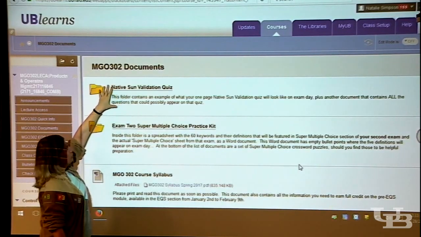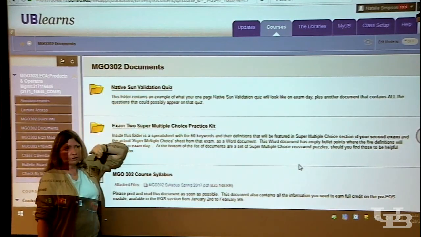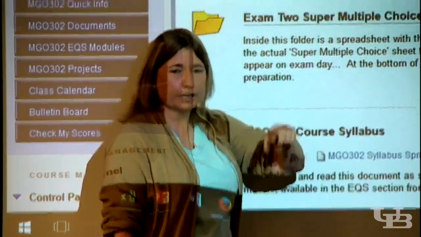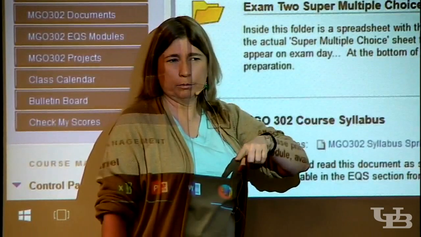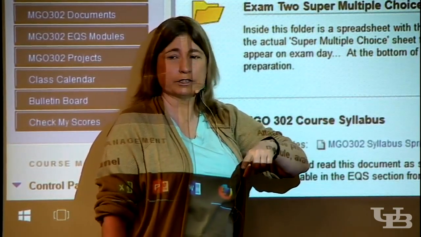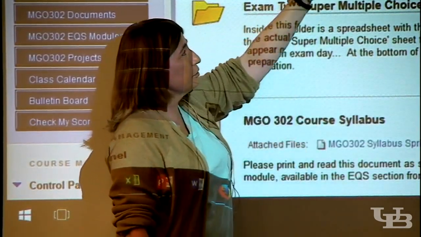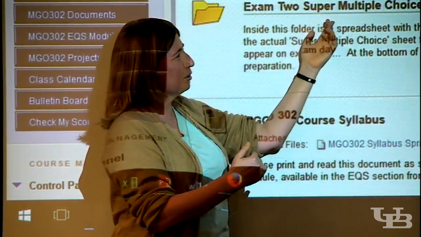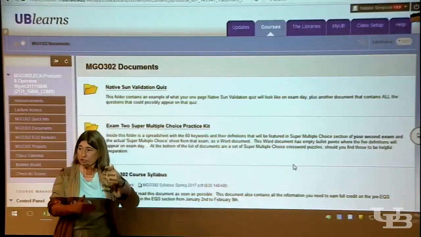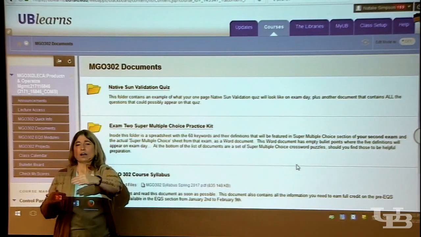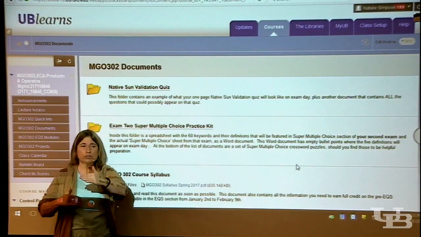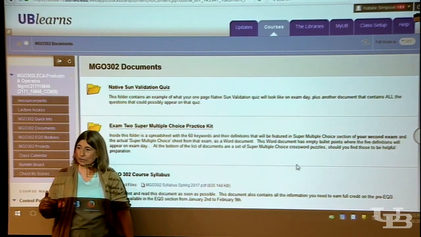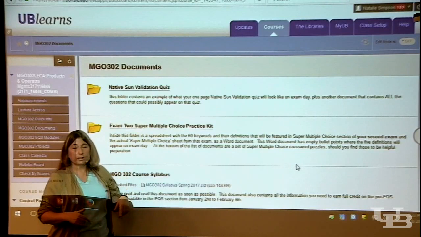This went up late on Sunday, I think it was. Inside this folder is a demo project validation quiz that will be handed out. The one-page quiz will be handed out with your second exam. There are 2 documents in that folder. One of them is a demo quiz. It's showing you, similar to super multiple choice, exactly what the sheet looks like. The other document is the question bank.